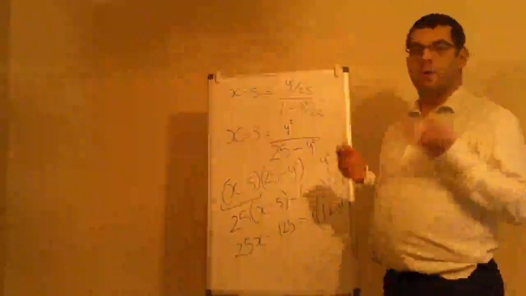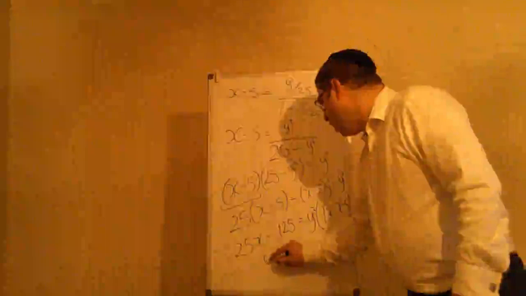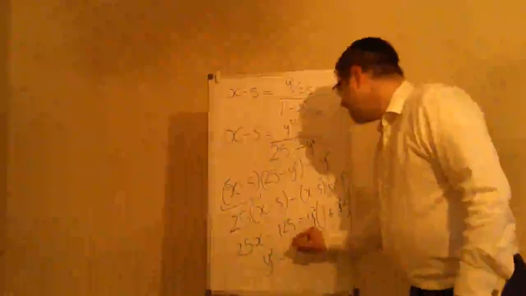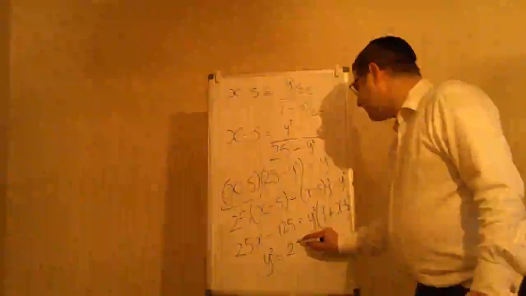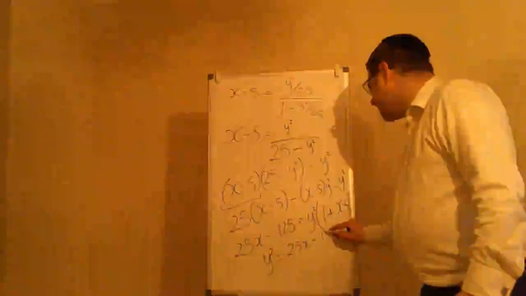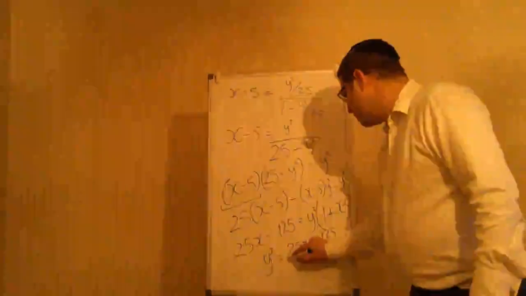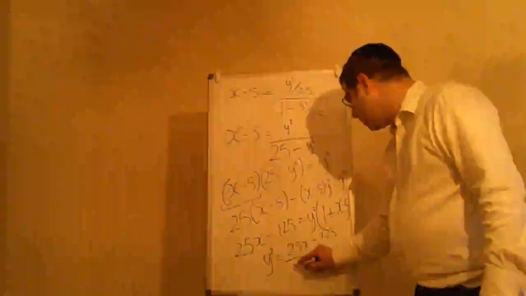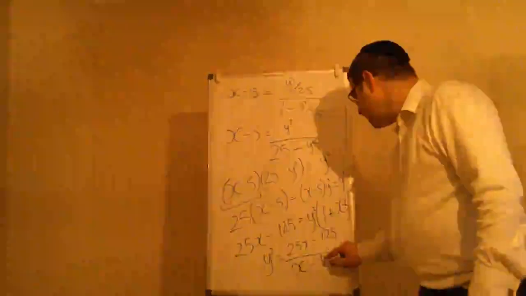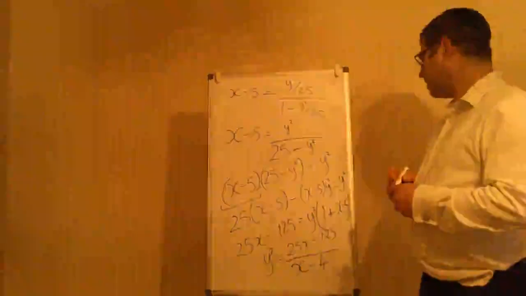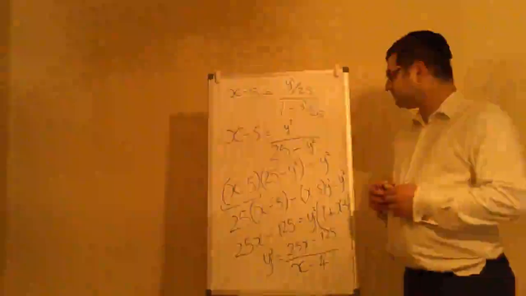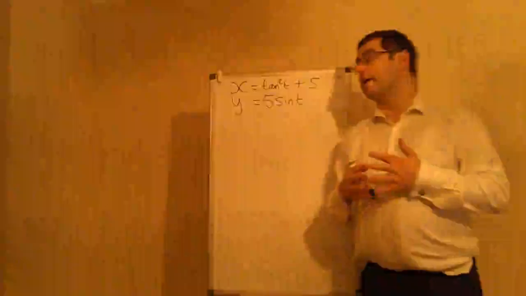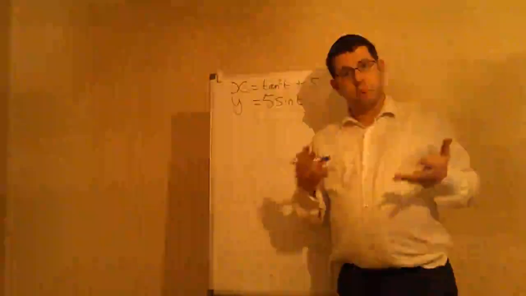And lo and behold, we're about to finish the problem. Y squared is this, 25x minus 125 divided by, just sort the 1 and the minus 5 out, which is minus 4, divided by x minus 4.